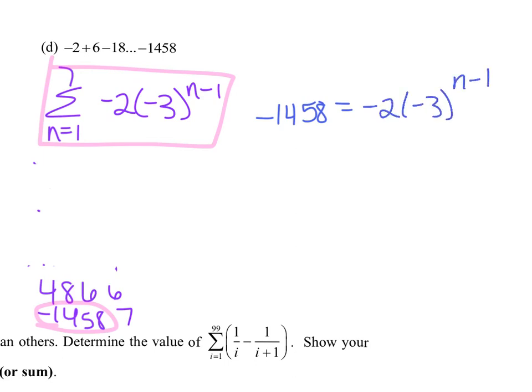And now I'm going to solve for n. N is an exponent, which tells me at some point I'm using a log. In order to do that, I need to get my base alone. Do not multiply the -2 and the -3 together. Don't do it. -3 is the base, not the -2. So I need to divide both sides by -2 to get that base alone.